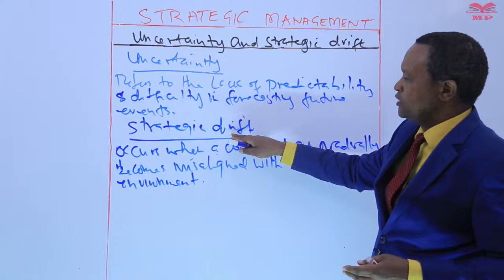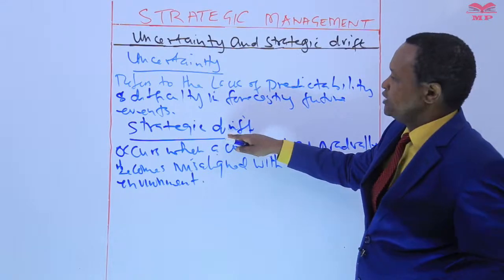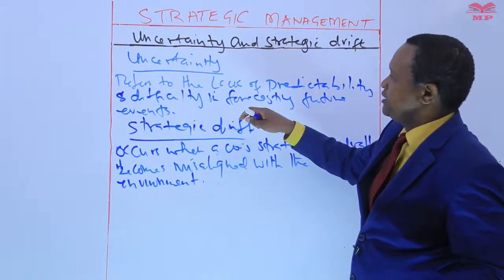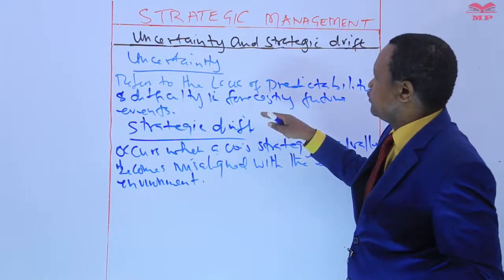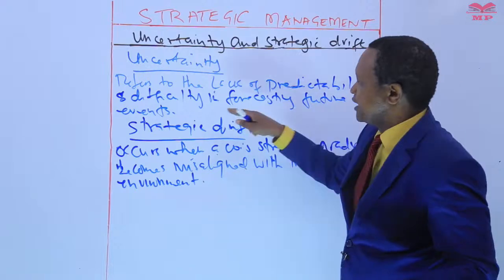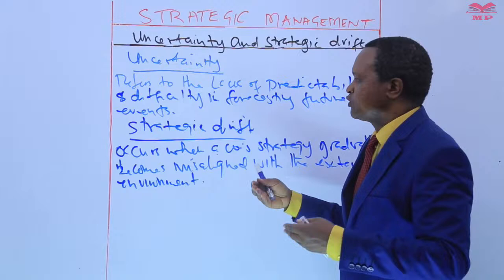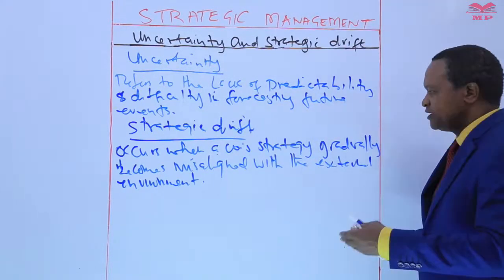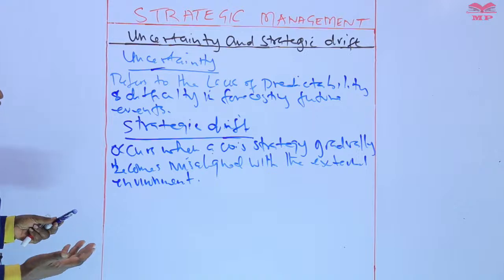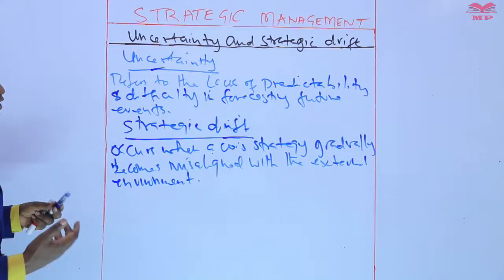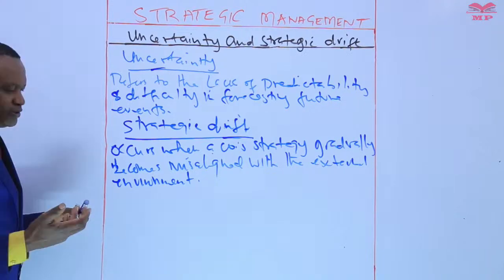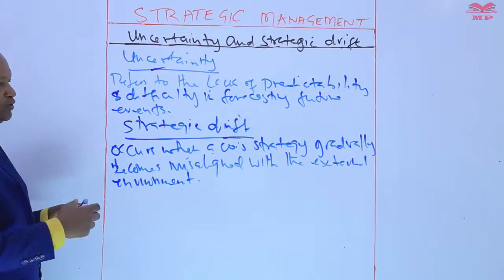That is to say, strategic drift happens due to uncertainty, which is the inability of a company to forecast future events. When a company fails to forecast future events, then when these events happen, the company is caught unaware and becomes unable to align how it actually happens is one because of incremental change.